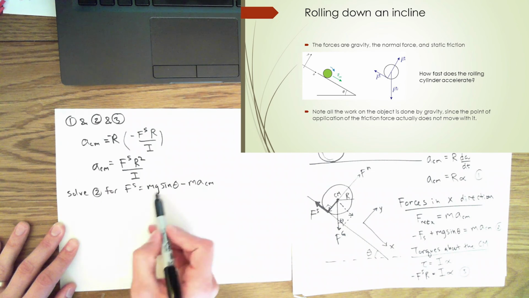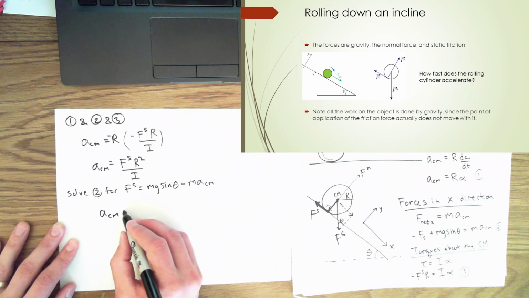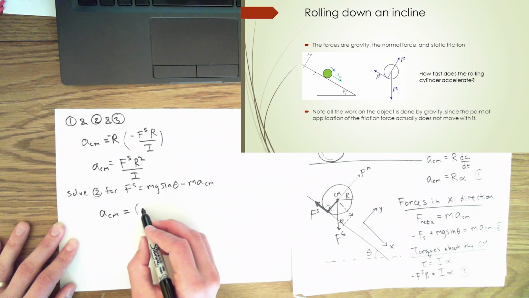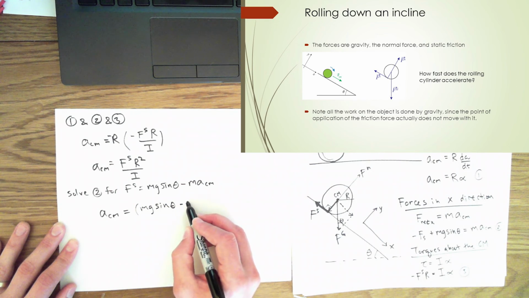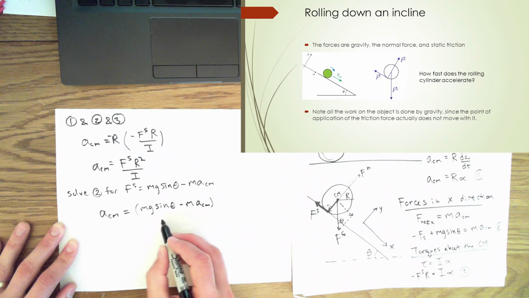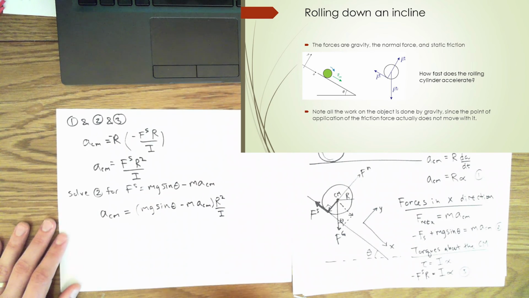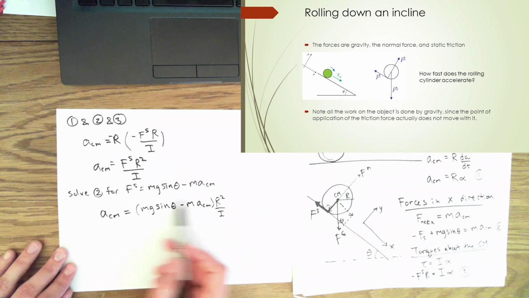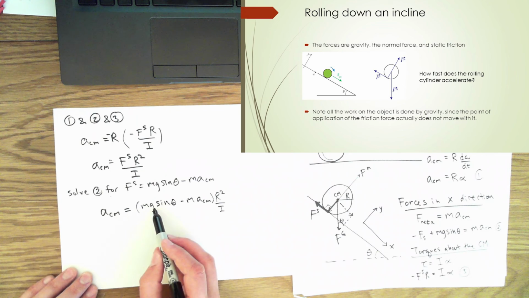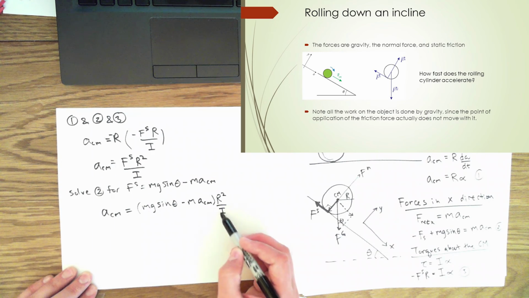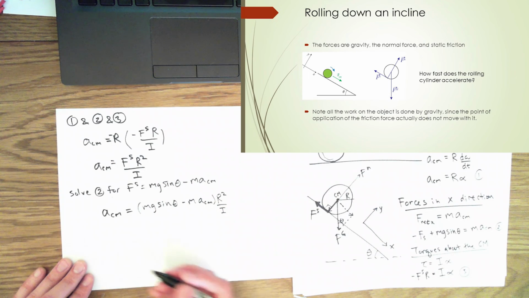Then we plug that in for F_s, so we have a_CM equals mg sine theta minus m a_CM times r squared over I. Now we just have to solve this for a_CM. Everything else are constants in the problem, like the mass, g, and the angle. I is determined by the shape of the body, and so is r.